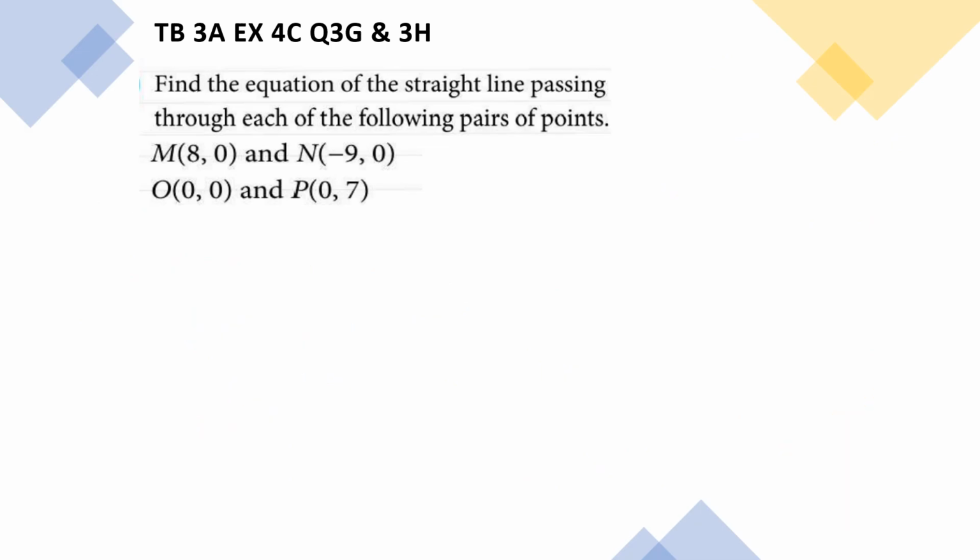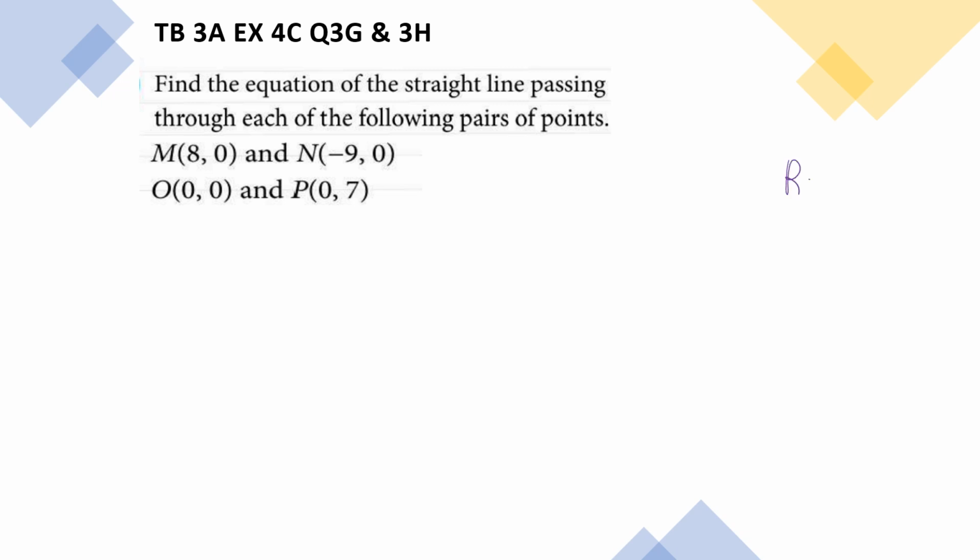All right, let's look at the next questions. If you remember what we learned at, I think, slide number 2, the different kinds of gradients for different lines. If you recall, a vertical line has undefined gradient.